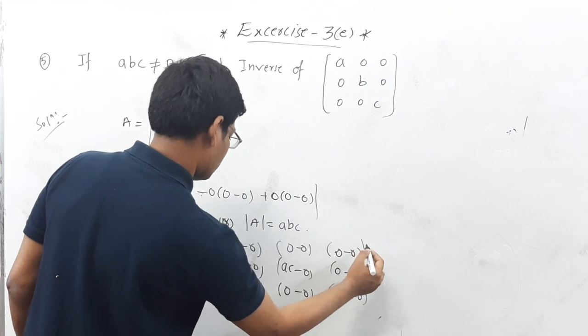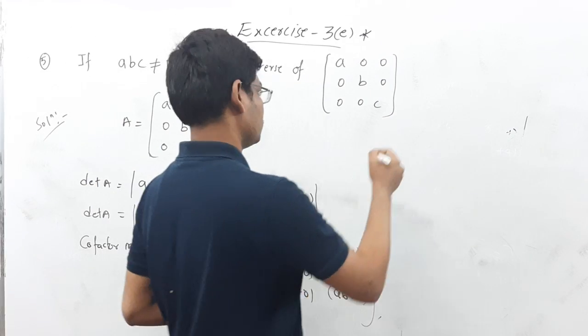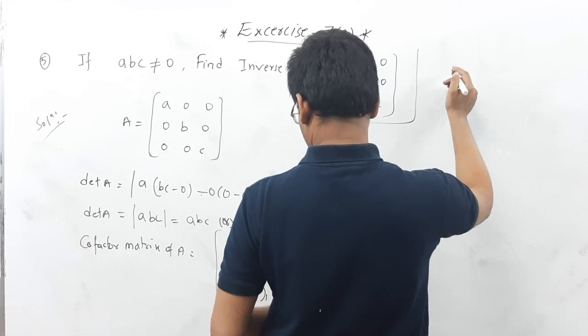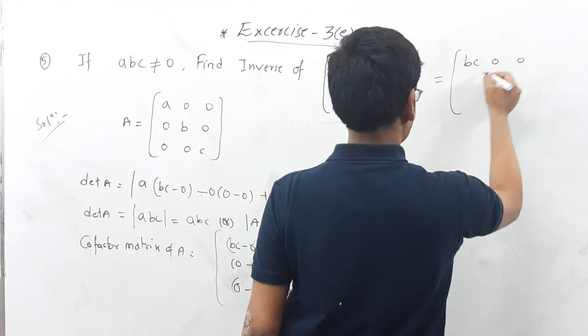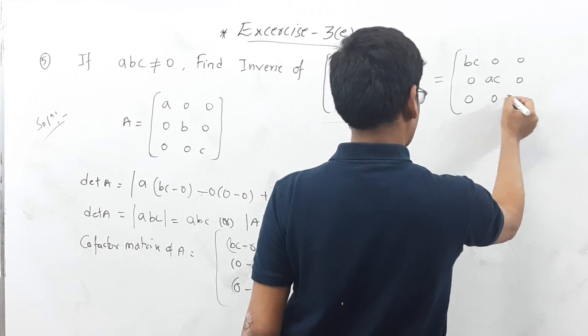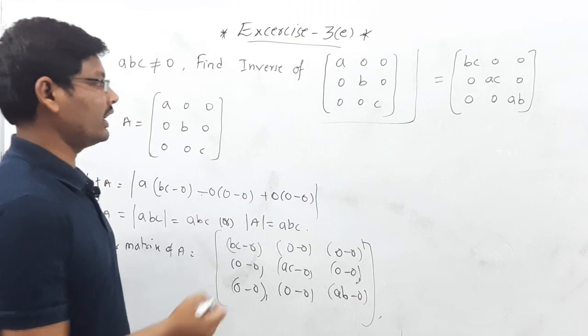Finally, the cofactor is BC 0 0, 0 AC 0, 0 0 AB. This is the cofactor, and we need the adjoint.